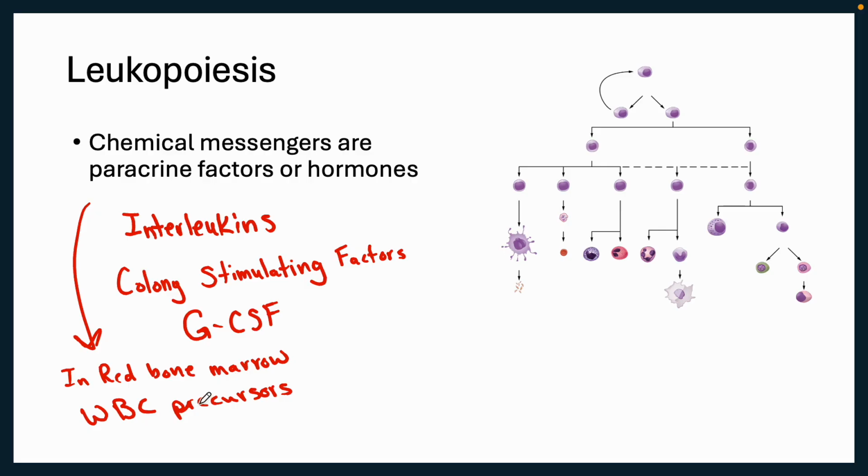Or sorry, they stimulate white blood cell precursors. So the function of these things is to stimulate division and maturation of the white blood cell precursors. They also make the mature leukocytes more effective.